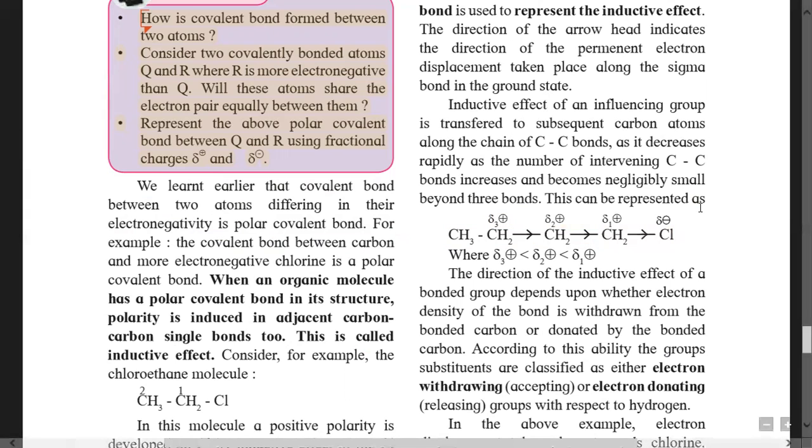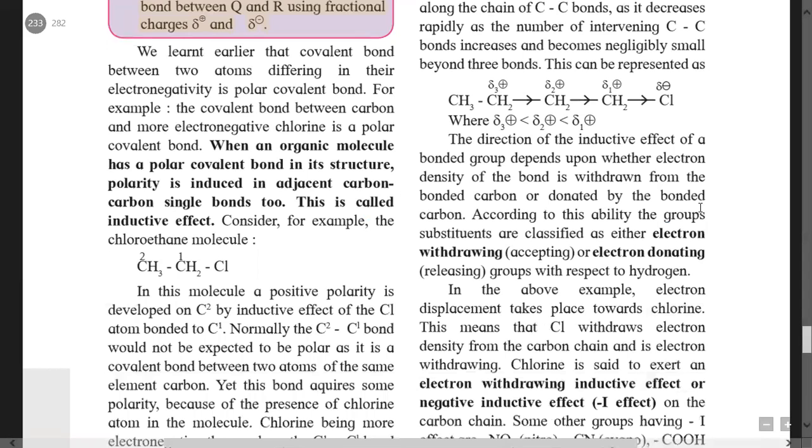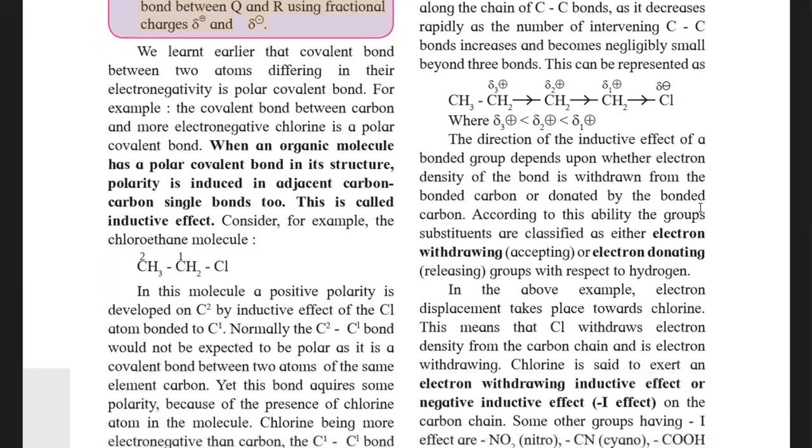This type of formation of charge, that is delta positive and delta negative, or small positive and small negative charge, develops the polarity in this covalent bond, and therefore this bond is called a polar covalent bond.